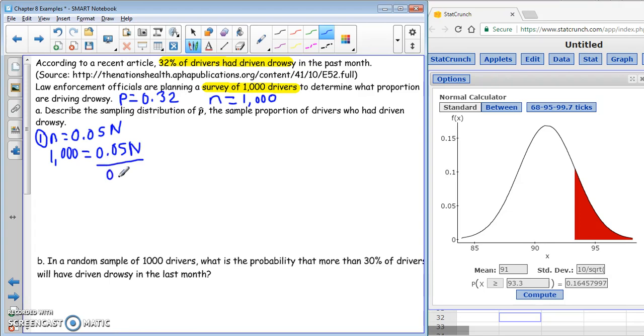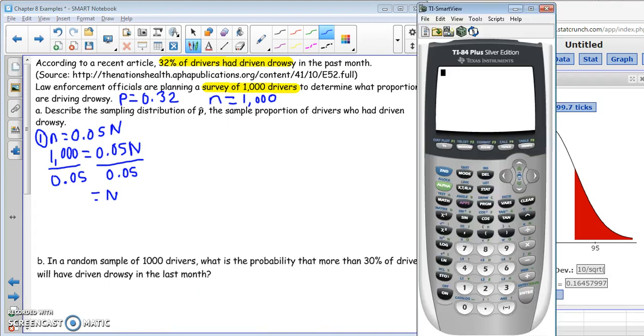So I'm going to divide both sides by 0.05, about 5%. So 1,000 divided by 0.05 would give us 20,000.